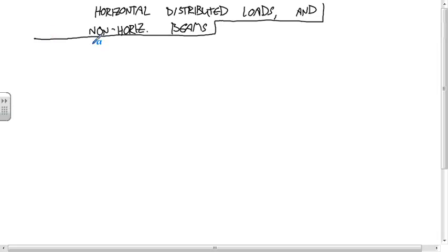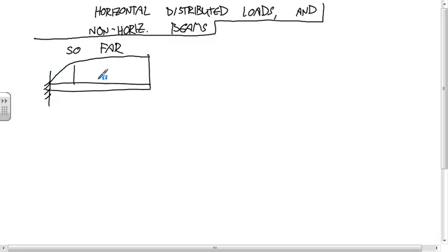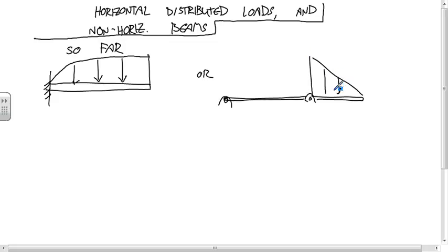Okay, so up until now, we've done things like this. You might have a beam like this that has some complicated distributed load, or we've done ones like this, or maybe you have a distributed load like this.